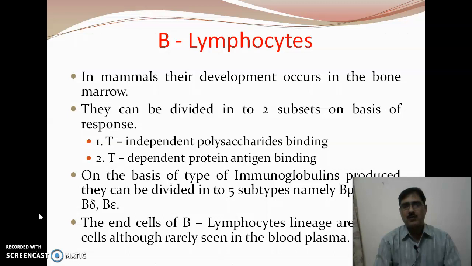One is the T cell independent polysaccharide binding response, and the second is the T dependent protein antigen binding response. On the basis of the 5 different types of immunoglobulins produced by them, they can be divided into 5 subtypes. The end cells of the B lymphocyte lineage are the plasma cells, although rarely seen in the blood plasma.